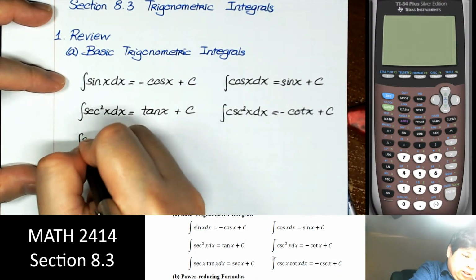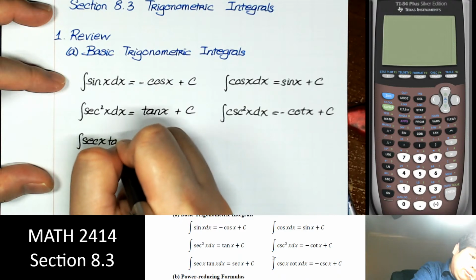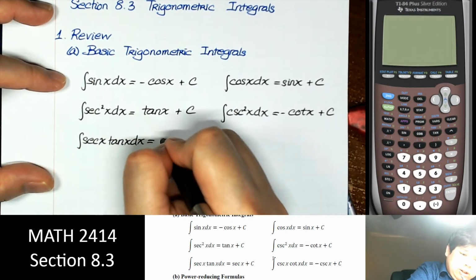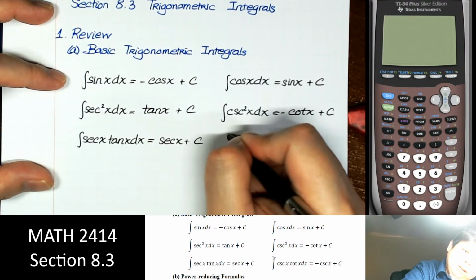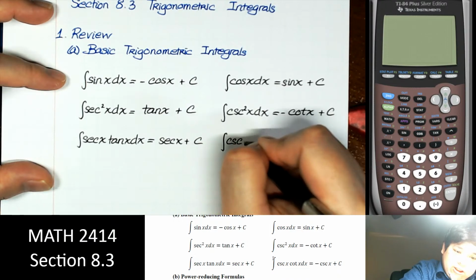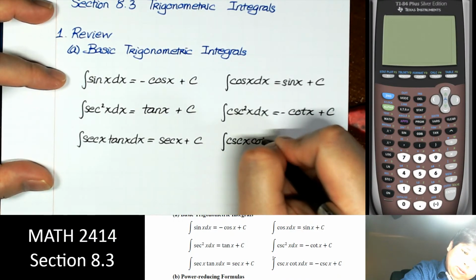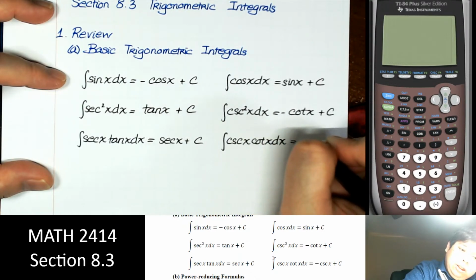Secant tangent gives us secant, and cosecant cotangent gives negative cosecant.